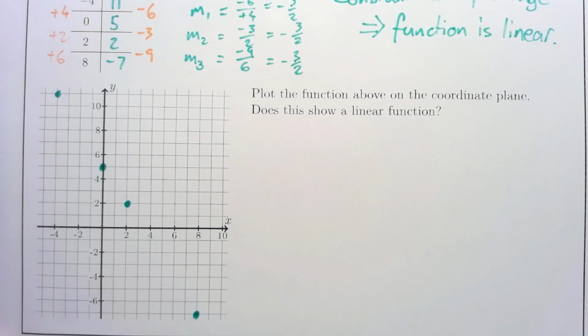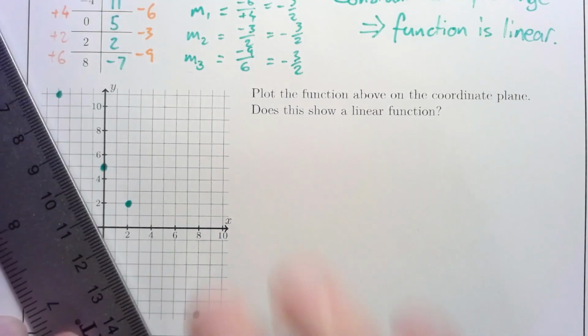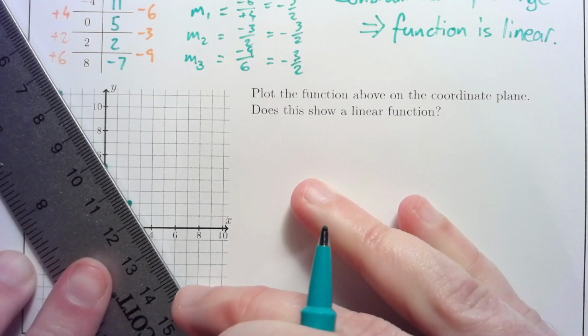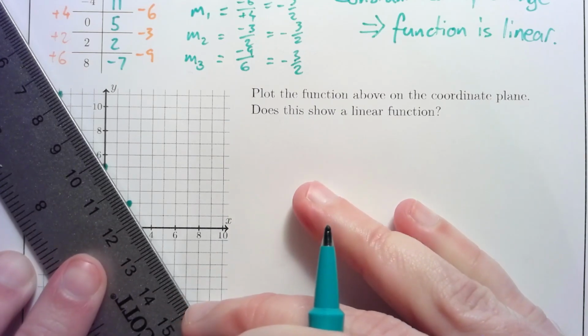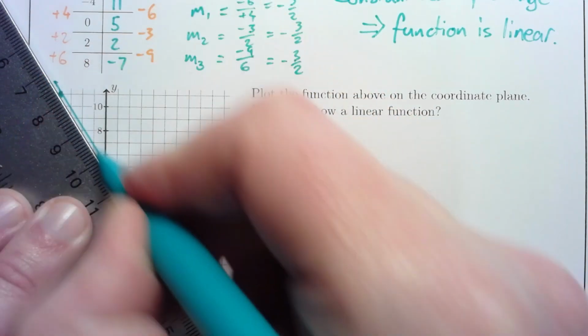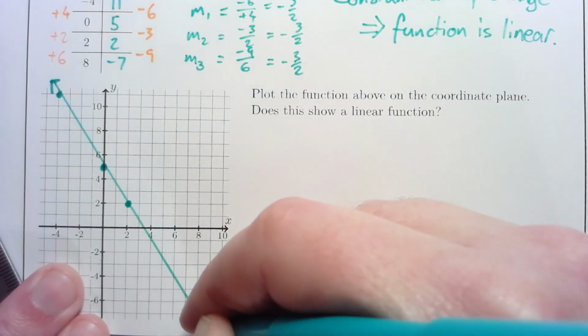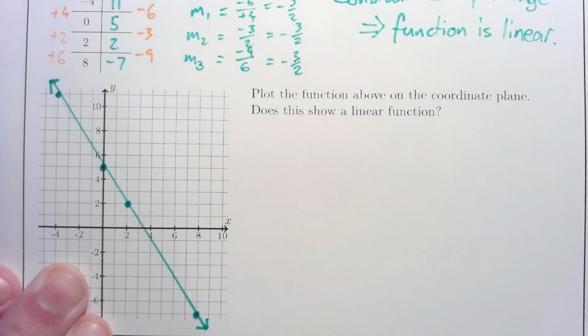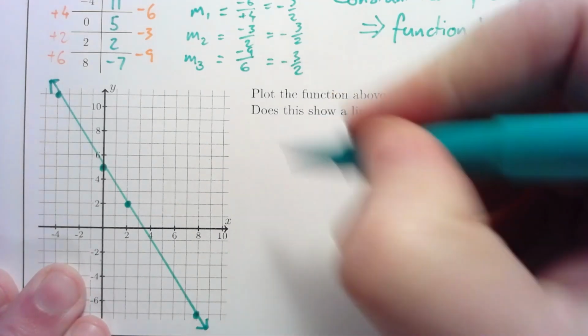Okay, so if this really is a linear function, we should be able to connect these with a straight line. And with my ruler, that is indeed what we find. I haven't ruled that exactly perfectly. Hopefully you'll do a little bit better. It's made a little tricky having to hold it on a linear function.